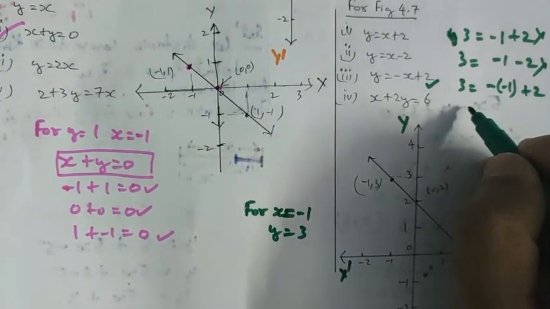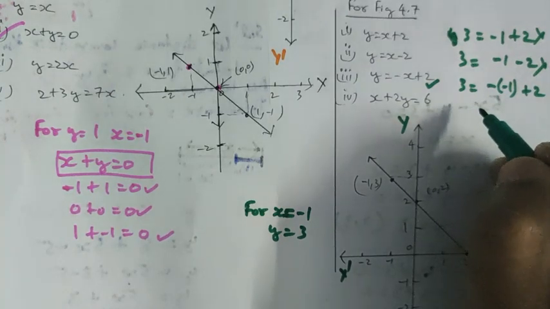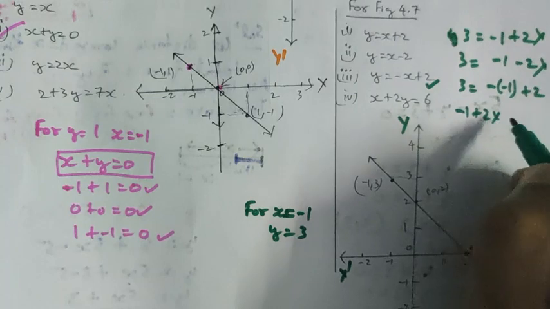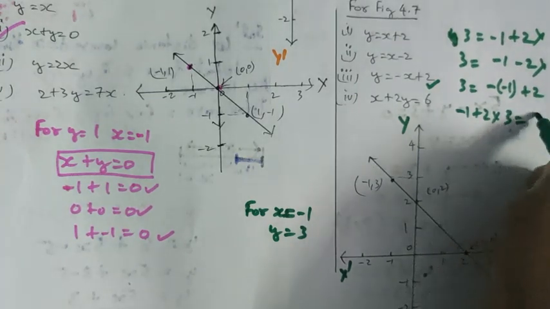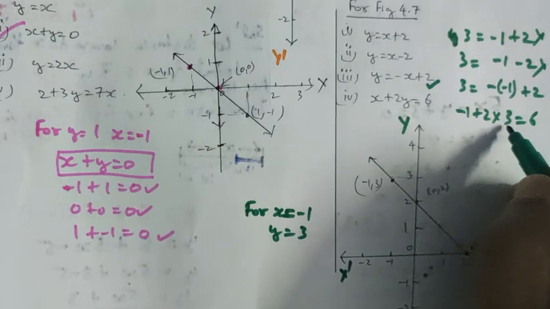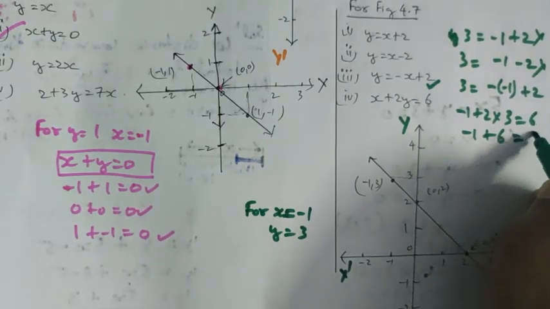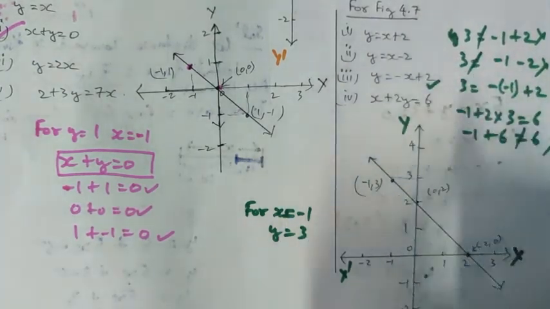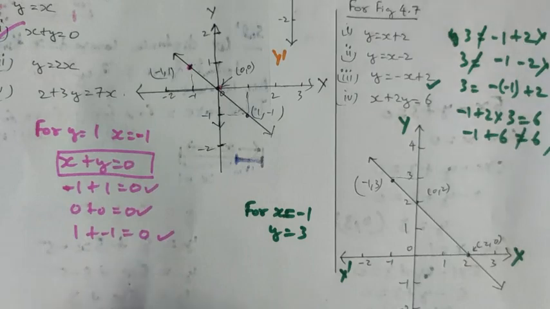Fourth one, x plus 2y equals 6. Putting x as -1 and y as 3 gives -1 plus 6, which is 5, not equal to 6. That is also wrong. So the third will be possible.